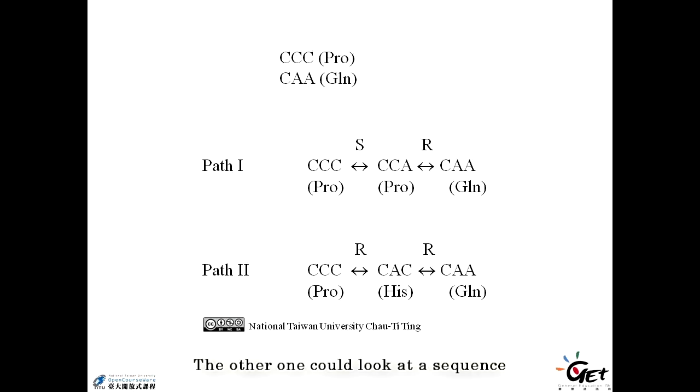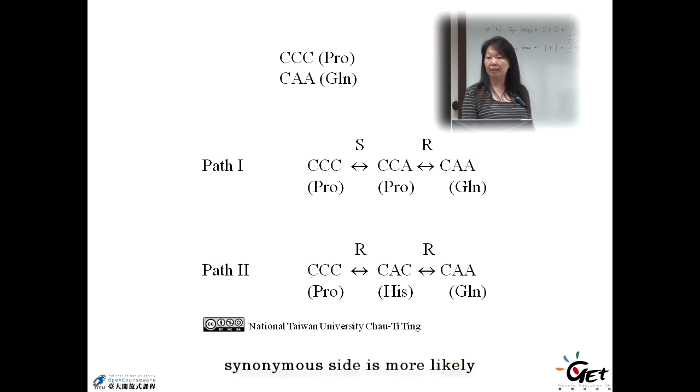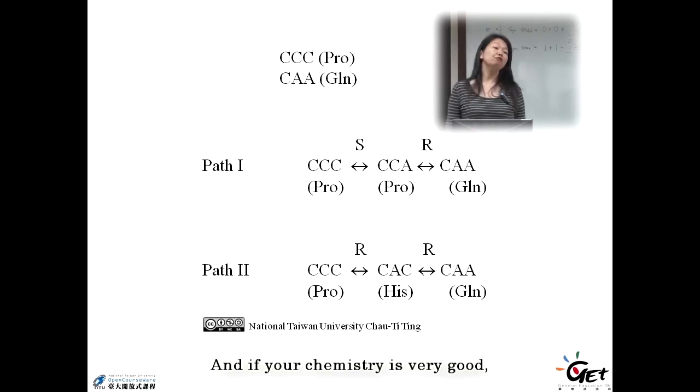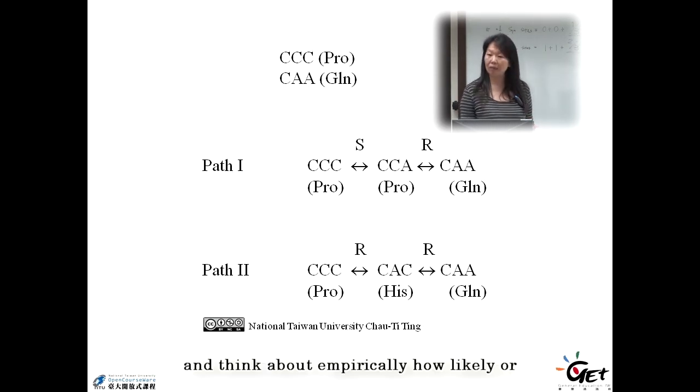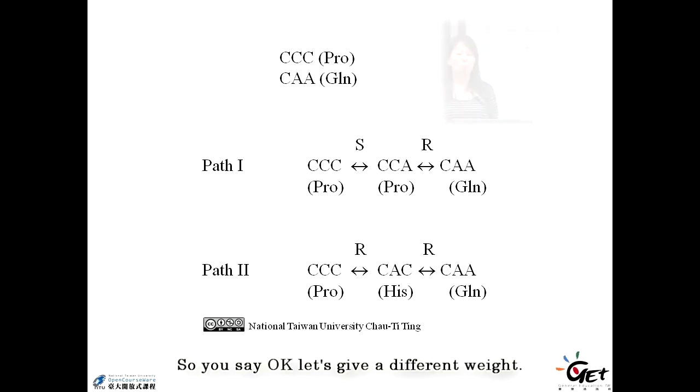The other one could look at the sequence and say, well, it's probably more likely the synonymous site is more likely to be maintained in the population than the non-synonymous site. And if your chemistry is very good, you can look at the amino acid and think about empirically how likely, or based on their chemical property, how likely this type of change could happen in the past. And you say, okay, let's give a different weight.